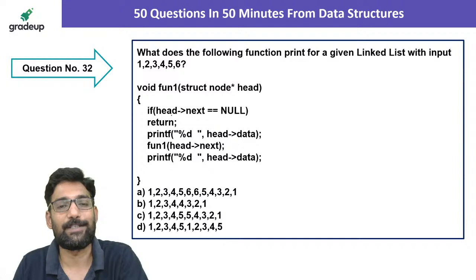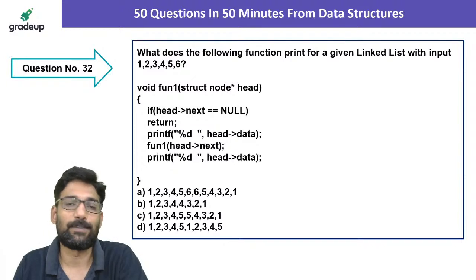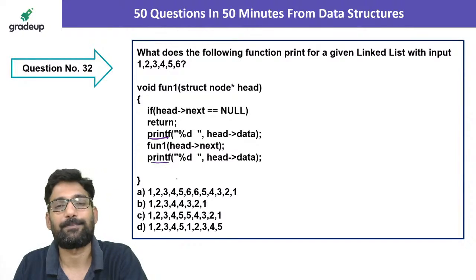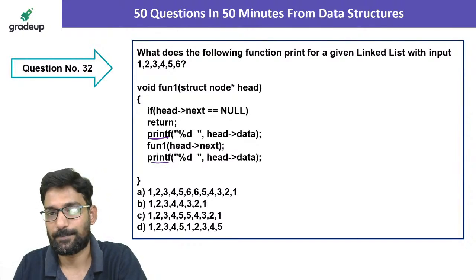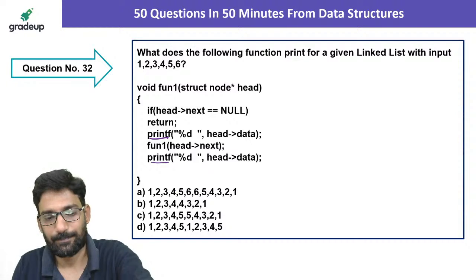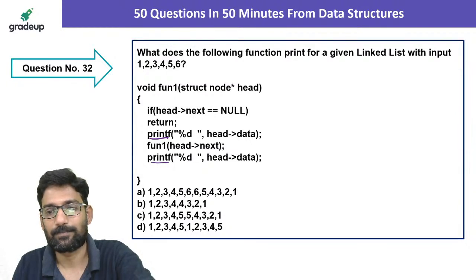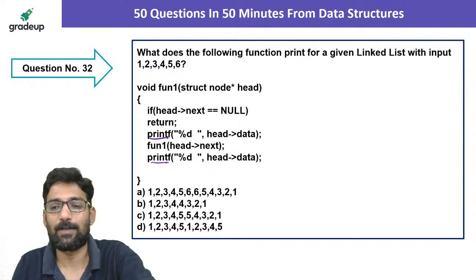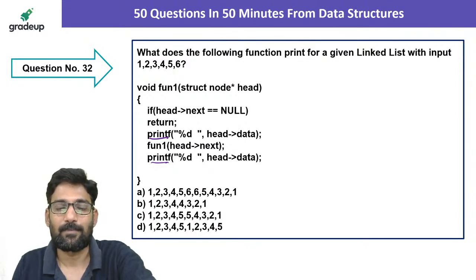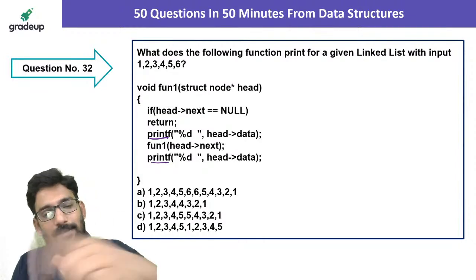Now I have changed the code. I have included 2 print statements, before call and after call. Then what is the output? Raja Rajput, 6 will not be printed because when head next is null, return happens.